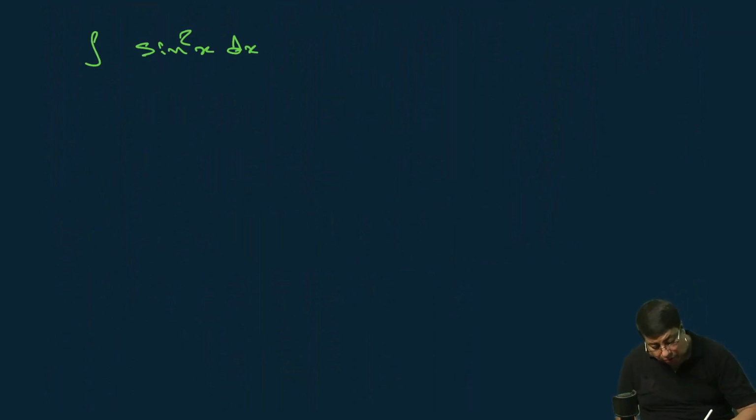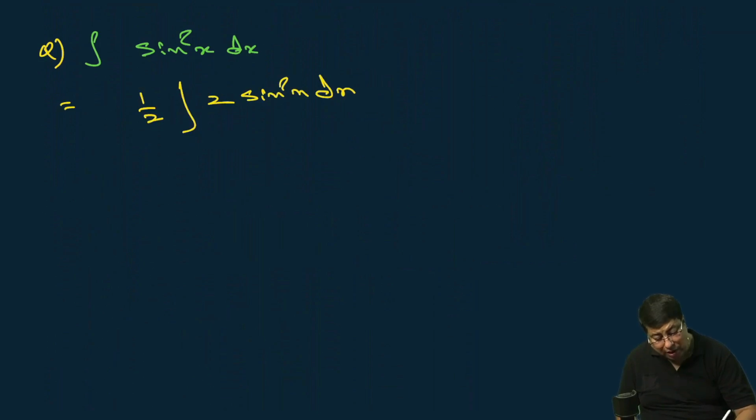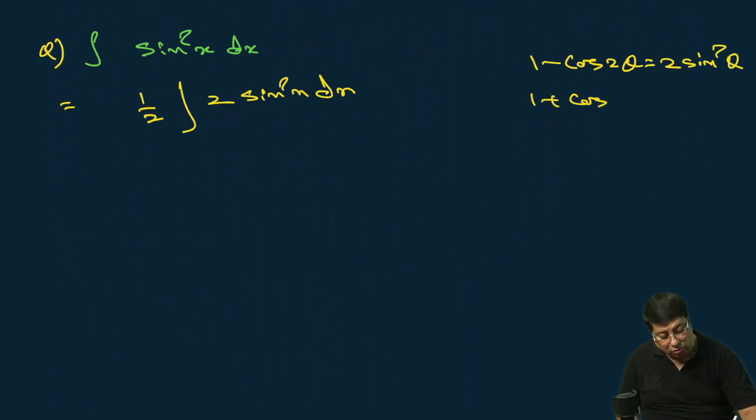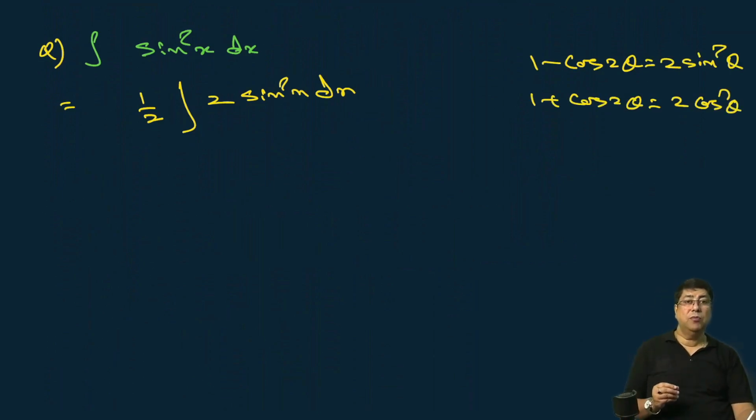So we can write what can be done here. I can write here half multiplied by 2 sine square x, because one multiple angle formula we know, 1 minus cos 2 theta is 2 sine squared theta, and 1 plus cos 2 theta is 2 cos squared theta. These two formulas are extremely important for integration and differentiation.